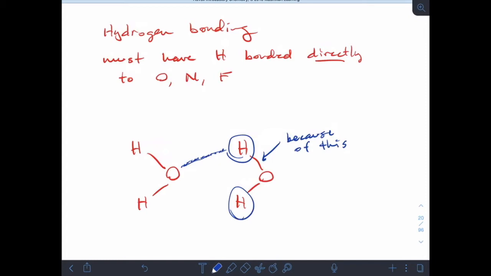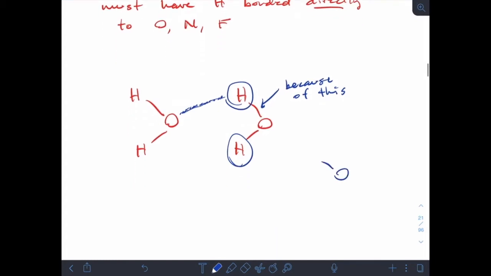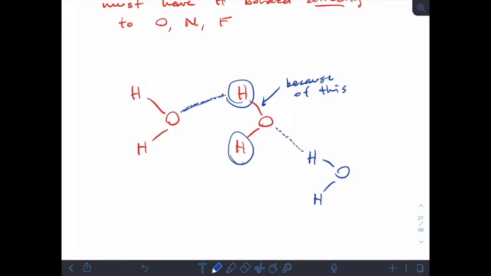And if I had another water molecule, and I'm just going to do it in blue because I'm already in blue. If I had another one, I would have this interaction, right? And if I have another one, I have this interaction, right? So water has the ability to do dispersion forces, it has the ability to do dipole-dipole forces, and it has the ability to do hydrogen bonding.